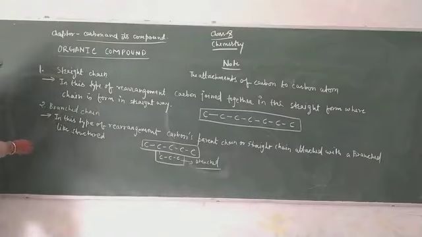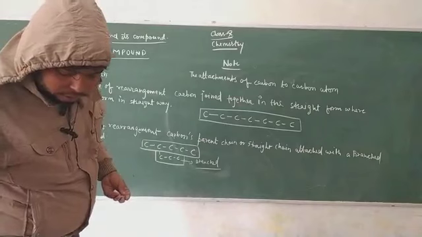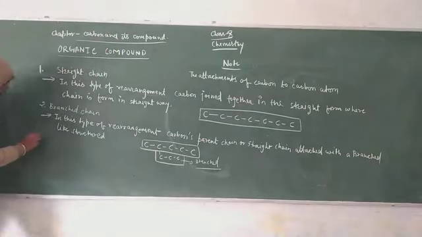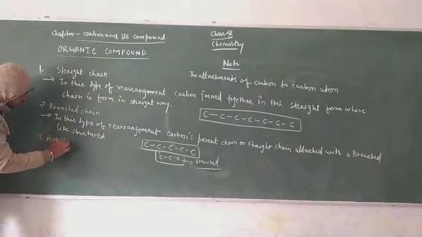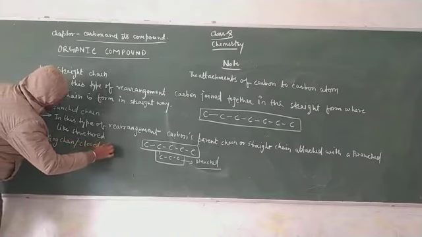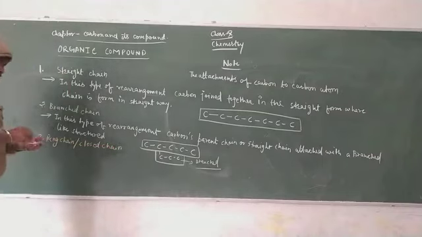Now we have to discuss the last one. That is the ring chain, also called the closed chain. What is the arrangement for a closed chain?